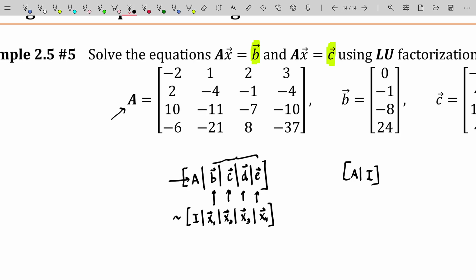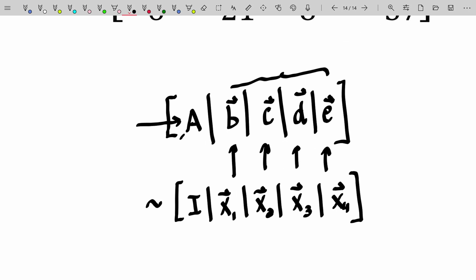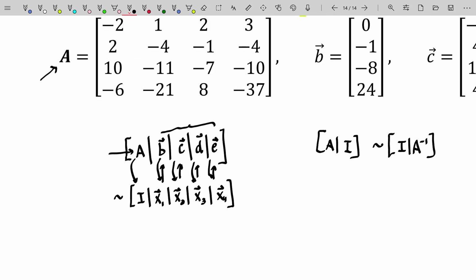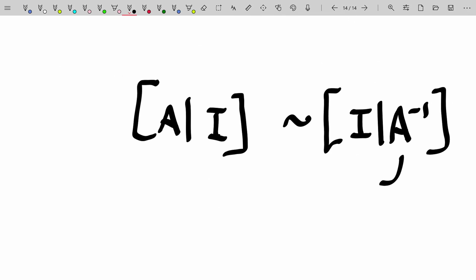However, when you find A inverse through row operations, those same exact row operations would take this A and change it into the identity matrix and simultaneously give you these 4 solutions. Well, if you did that over here, you would have A inverse, but you wouldn't have your solutions yet. You'd still have to multiply that A inverse against each of your given right-hand side vectors, b, c, d, and e.